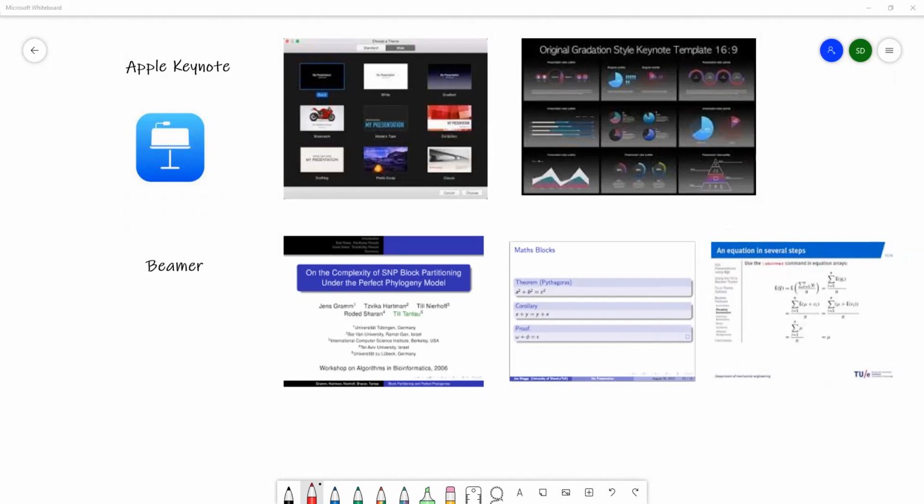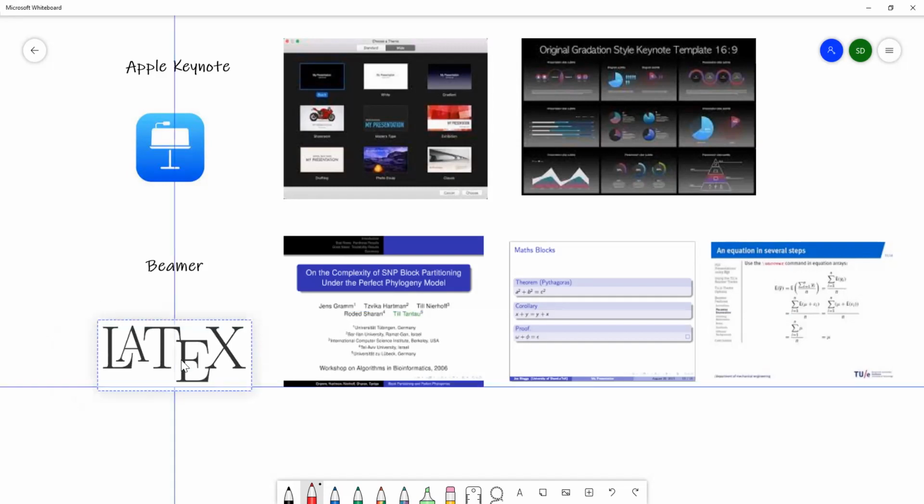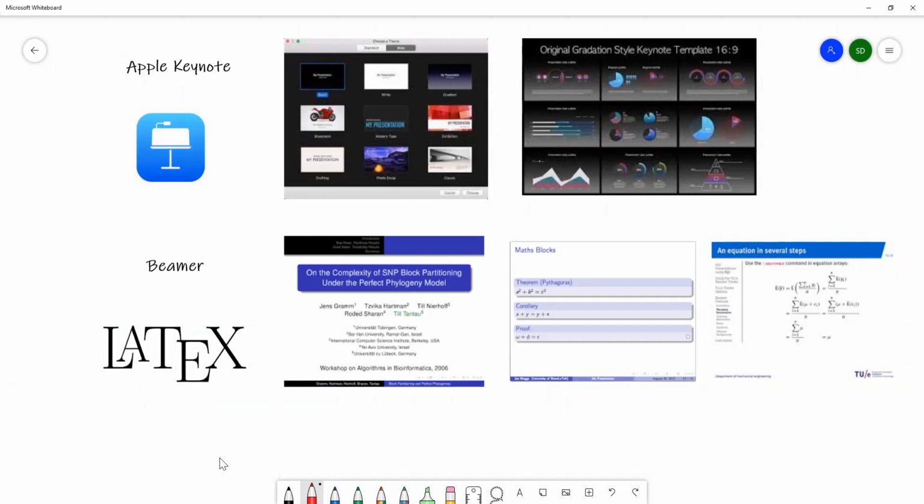And there's no logo as such for Beamer, but simply it's based on LaTeX. The word LaTeX, you can search if you're interested. So this is actually LaTeX based. Like in Word, this is a different way of formatting.